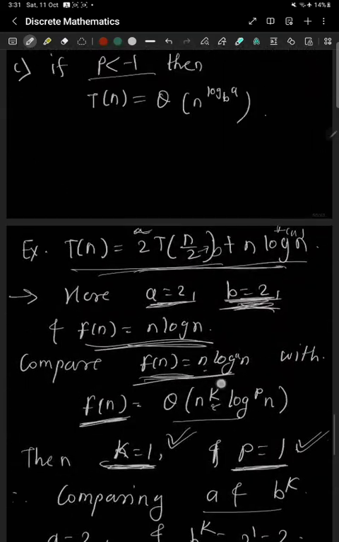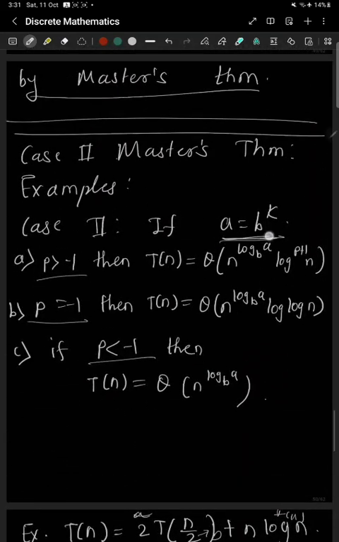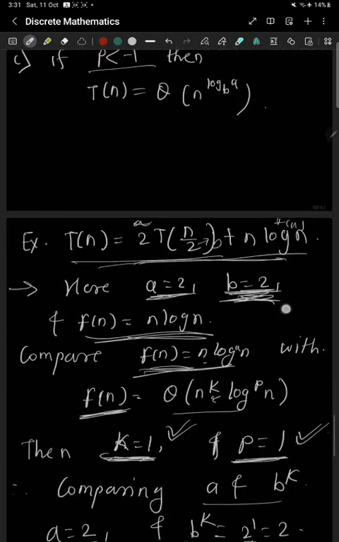So let's go back to the case when a is equal to b raised to k and p is greater than minus 1. The solution of the given time complexity is n raised to log of a at base b, into log raised to p plus 1 of n.